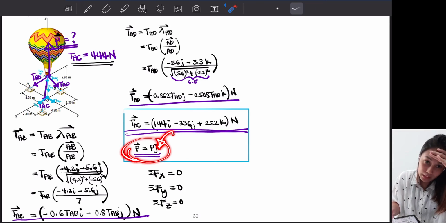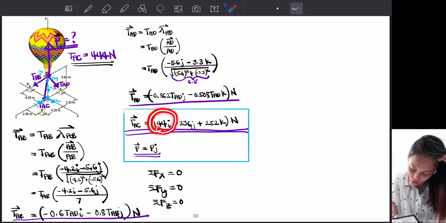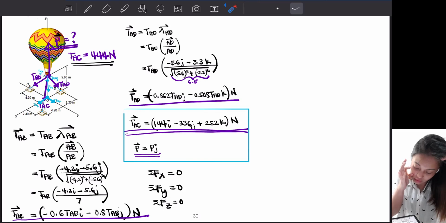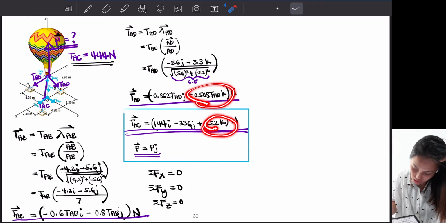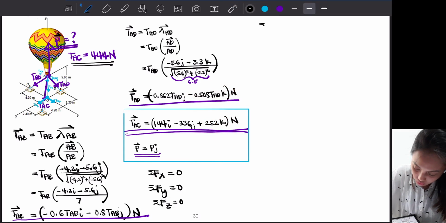Summation of forces along x, i-add na ito tanan component along x. Kani siya along x. Wala na. So, kani o kani. Makuha dahil na ito ang TAB, along y, along z. Makuha din na ito si TAD. Okay. So, summation of forces along x equal to 0.